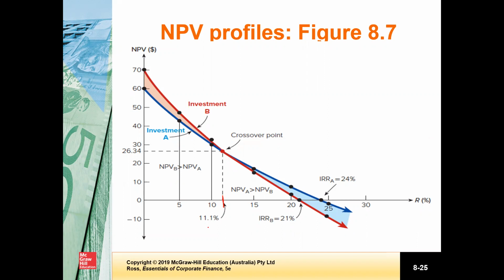And for any discount rate less than this 11.1%, the NPV of project B is higher. Okay, it means that taking B benefits us more than taking A.